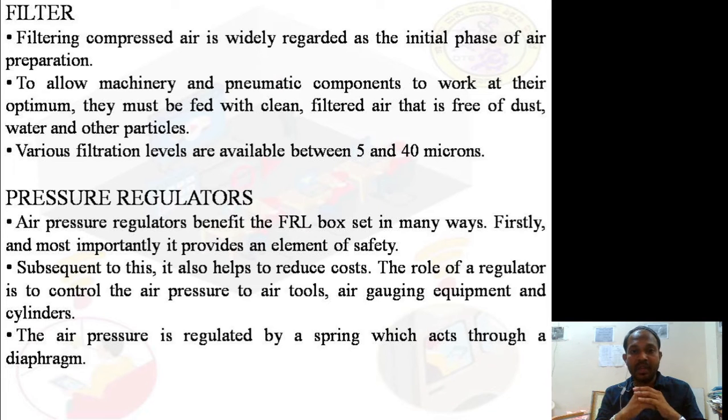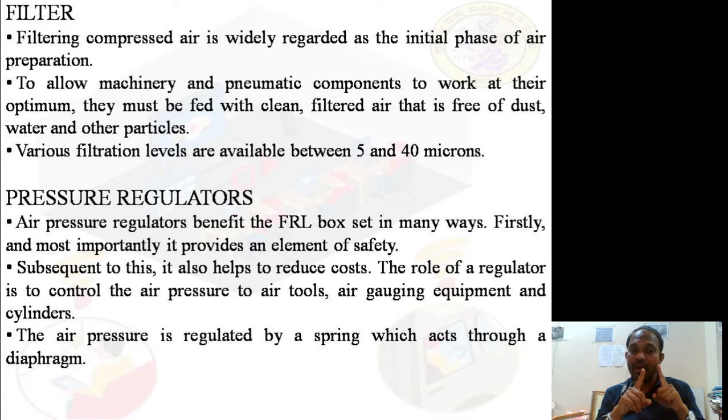That is why, when I was showing the different components of the pneumatic systems in the morning, after the receiver there was a drain, and there was a safety pressure relief valve, which is maintained by this pressure regulator. A pressure regulator not only maintains the constant pressure for smooth operations, but also operates as a safety valve, and it maintains safety.